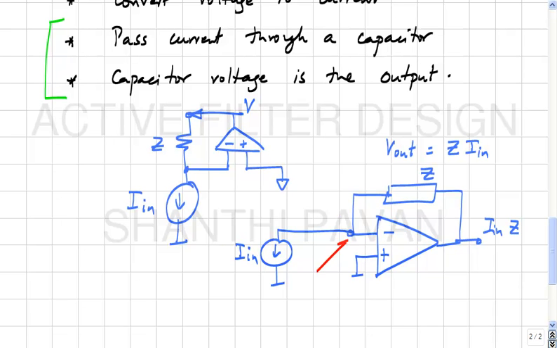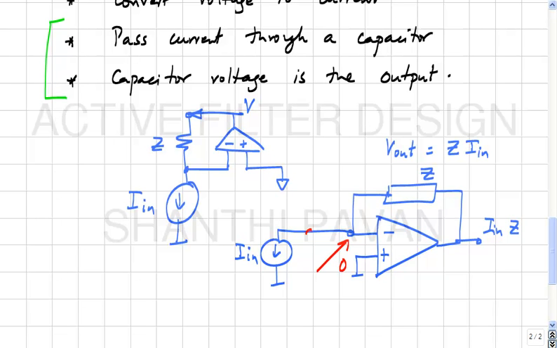So, what is the potential at this node if the op amp is ideal? 0, correct. If this potential is 0, then one can say, hey, this potential is 0, so do I need really a current source after all? In other words, do I need an ideal current source?